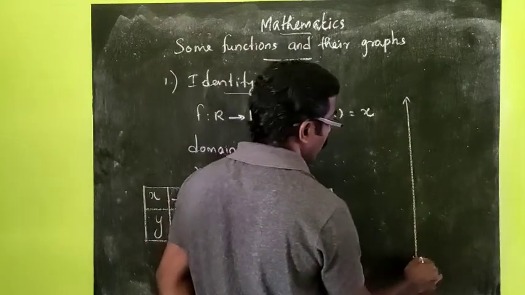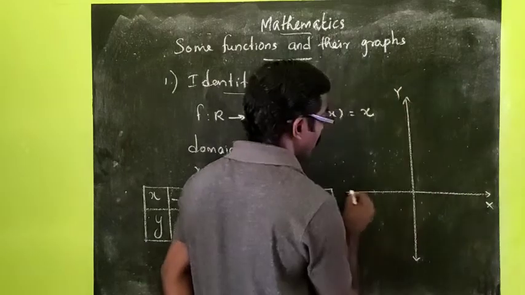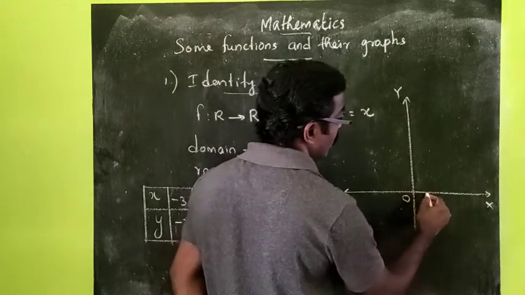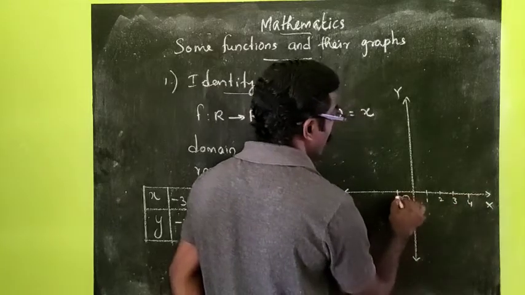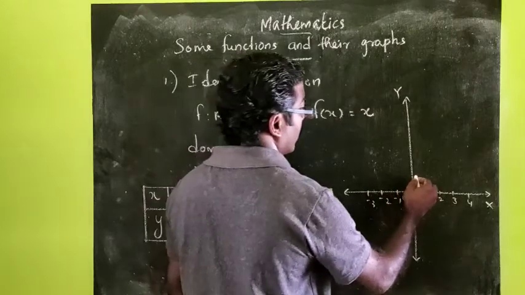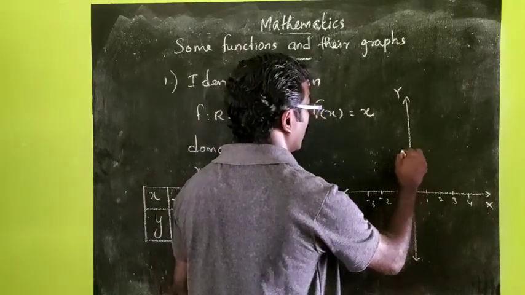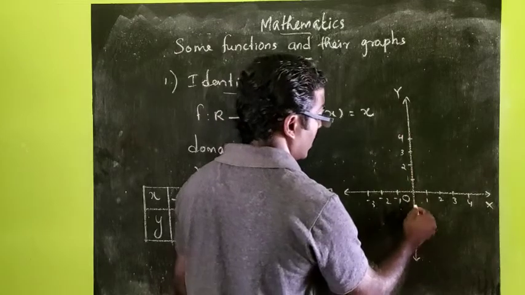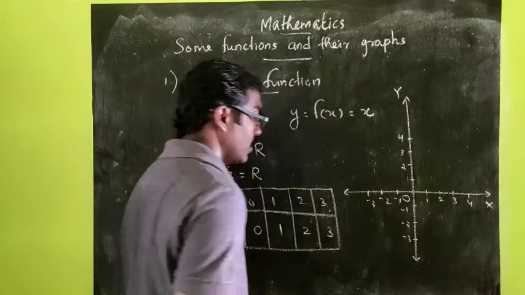You can plot the points in the Cartesian plane, x-axis, y-axis, then origin 1, 2, 3, 4 and so on. And in the positive y-axis we can mark 1, 2, 3, 4 etc. And negative y-axis -1, -2, -3 and so on.